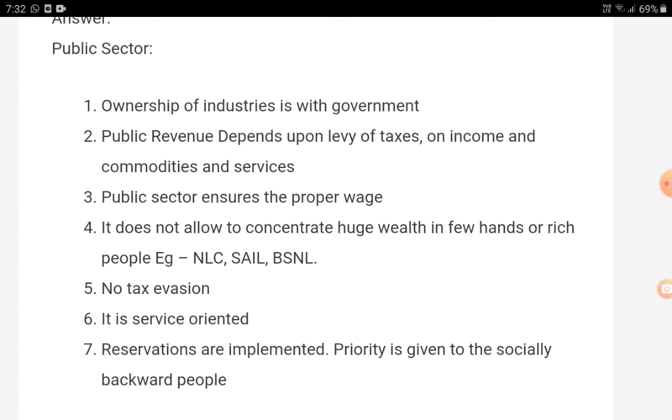Public sector ensures proper wages. It does not allow concentration of huge wealth in a few hands or rich people. Example, NLC, SAIL, BSNL. No tax evasion. It is service oriented. Reservations are implemented. Priority is given to the socially backward people.